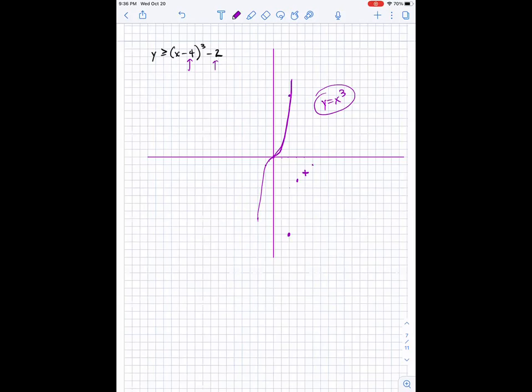Over 1 up 1 cubed, over 2 up 2 cubed, 3, 4, 5, 6, 7, 8. Of course it's in there. I'm just going to clean this up a little bit.